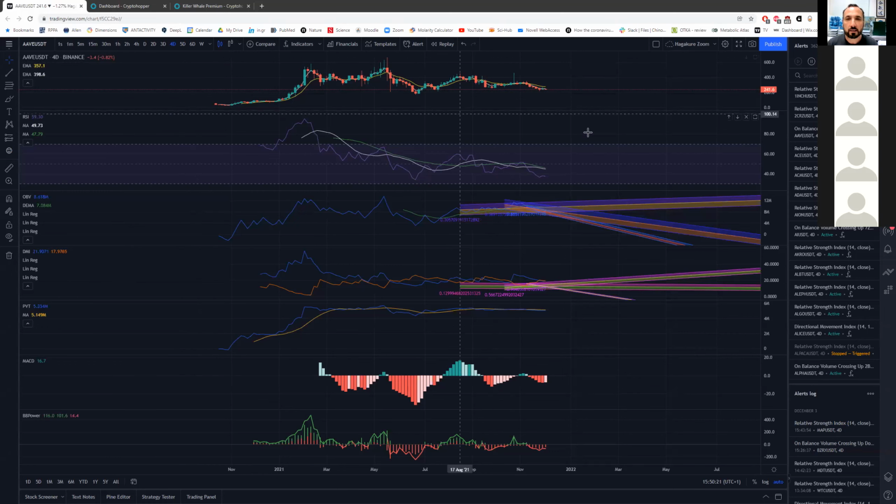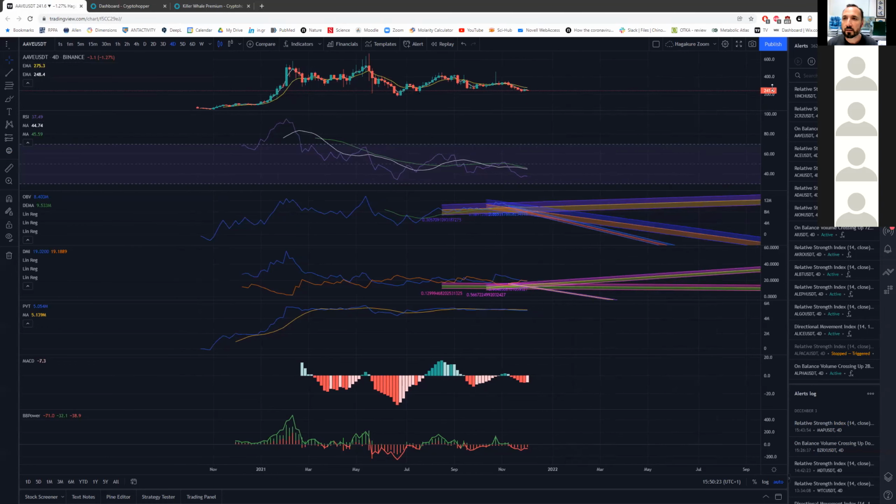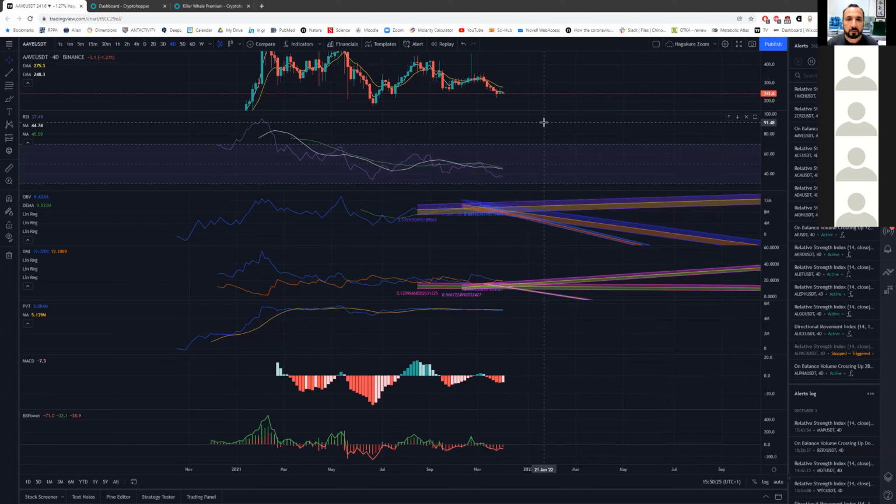Okay, so let's look at the AAV. The RSI is so far below the MA. I mean, one thing about it is that he may be looking to buy it at the lowest value, but you do not know if that's the lowest value. It's still a very risky thing to do.